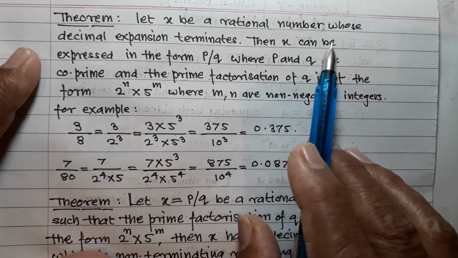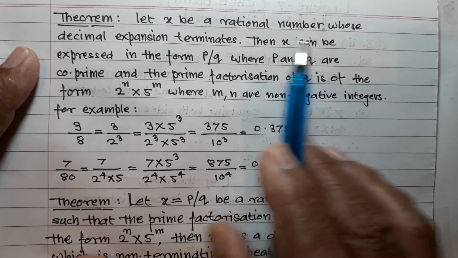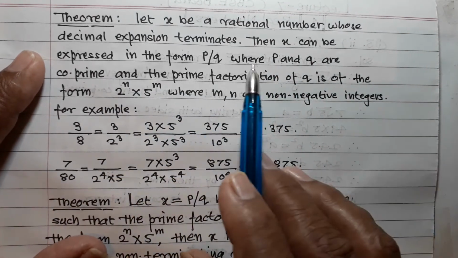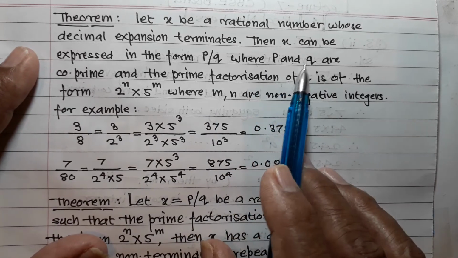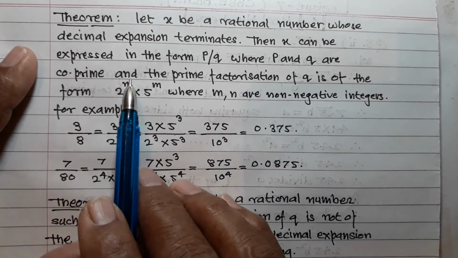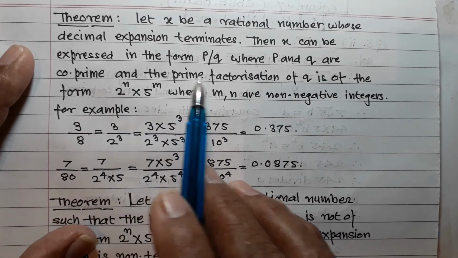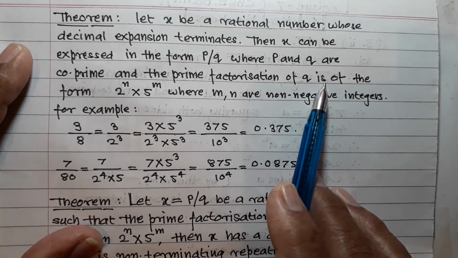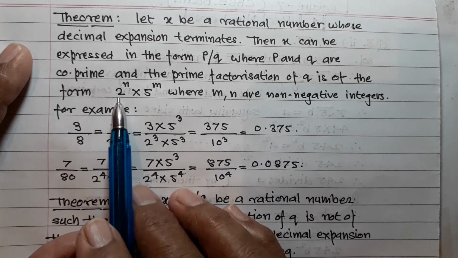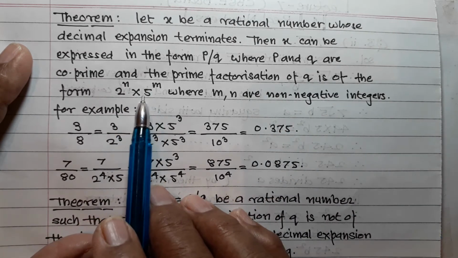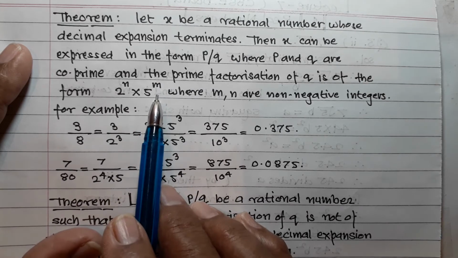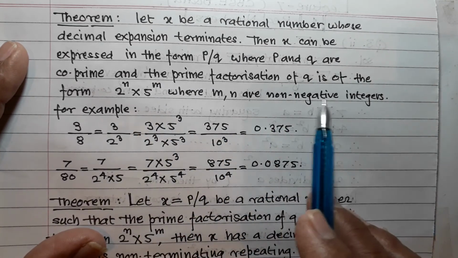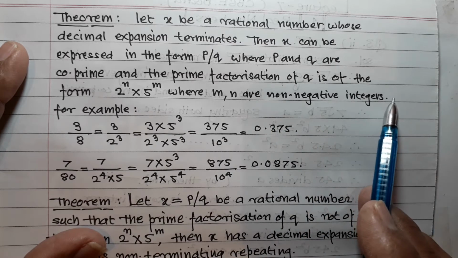Then x can be expressed in the form p upon q, where p and q are co-prime, and the prime factorization of q is of the form 2 raised to n into 5 raised to m, where m and n are non-negative integers.